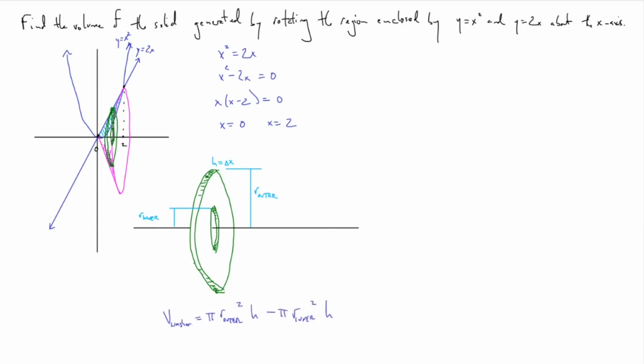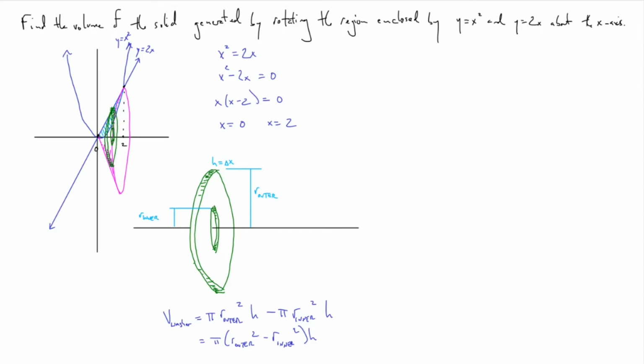Since what we have is a cylinder cut out of a cylinder, it's the volume of the outer cylinder, so pi times the outer radius squared times h, minus the volume of the part that was cut out, the cylinder, pi times the inner radius squared times h. Factoring out the pi and the h, that gets us pi times the outer radius squared minus the inner radius squared, times h.